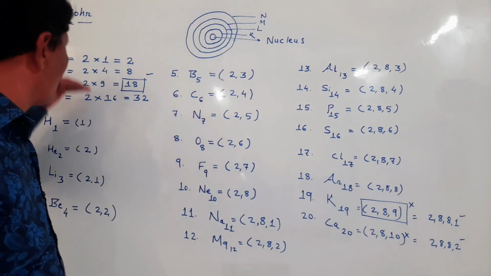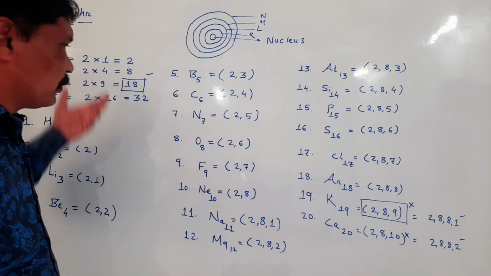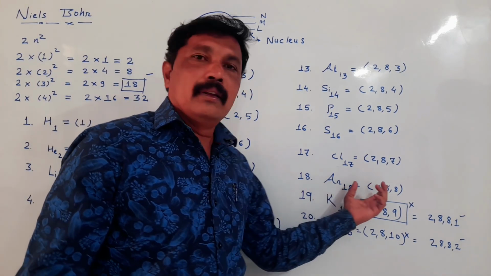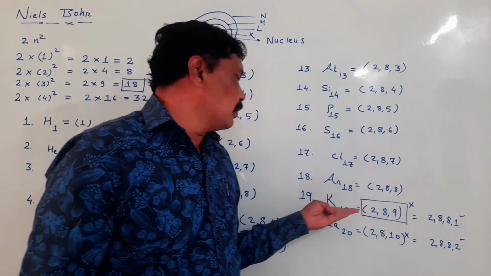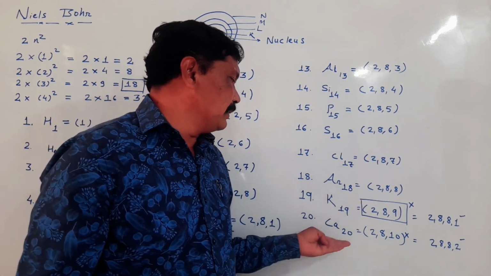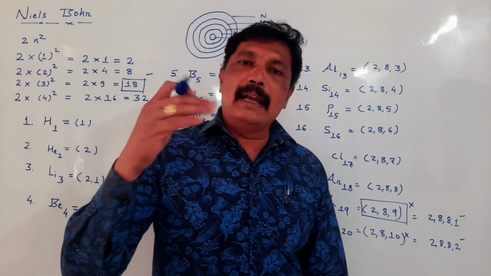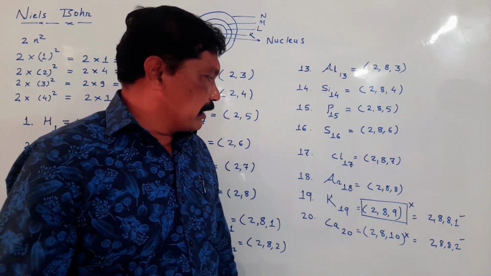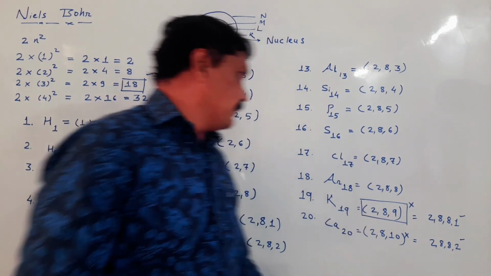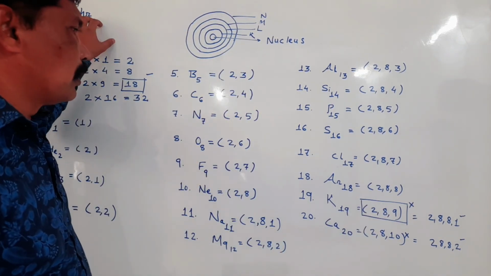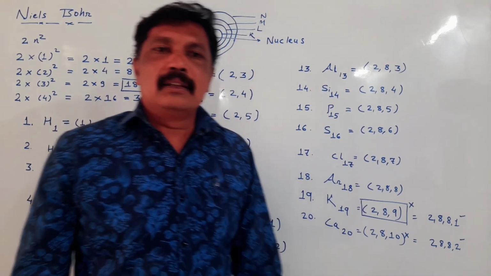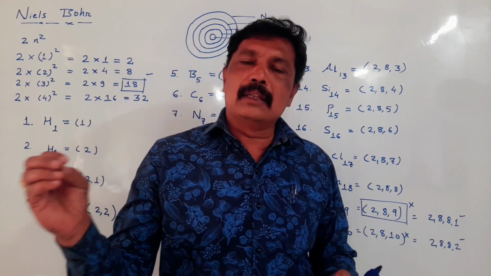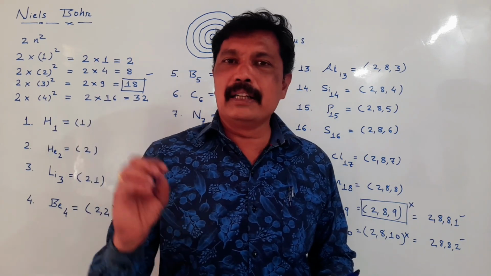According to the Niels Bohr theory, when we go on arranging electrons up to argon, there is no problem, but when we go to the 19th and 20th element, or above 18, 19, 20, 21, 22, then we see that this Niels Bohr electronic configuration does not suit the other elements above 18, or it is not correct.